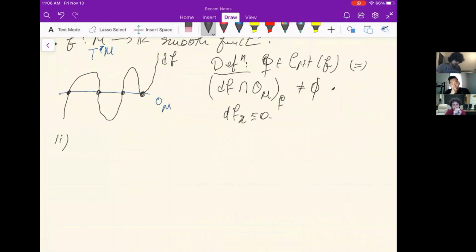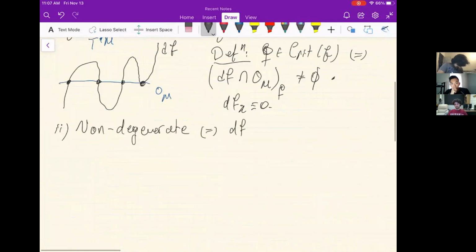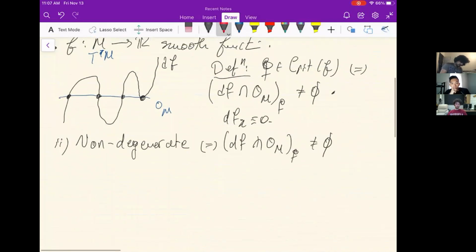Now we say my critical point is non-degenerate, and that's when the section of df intersects the zero section transversely at P. For instance, this is non-degenerate, this is non-degenerate, and this is degenerate.